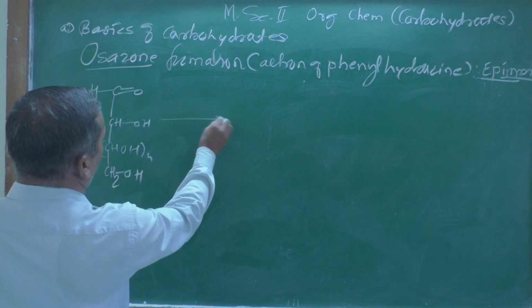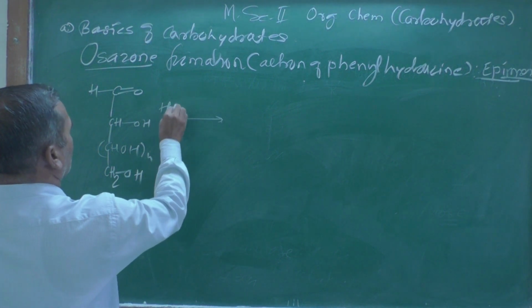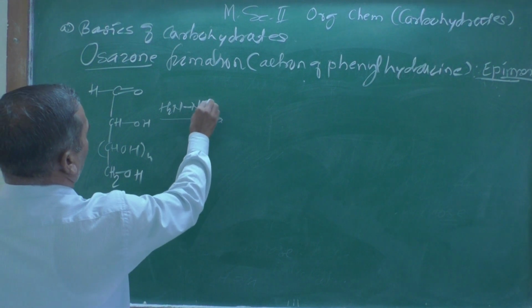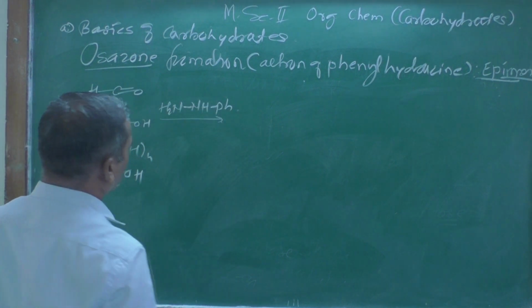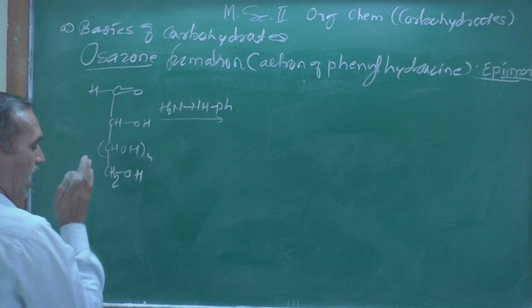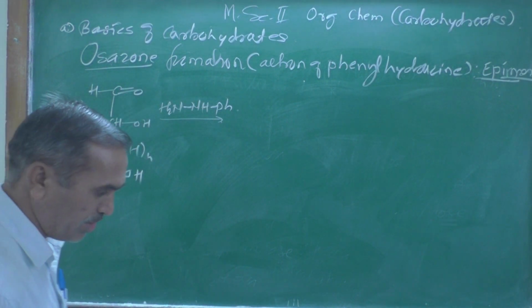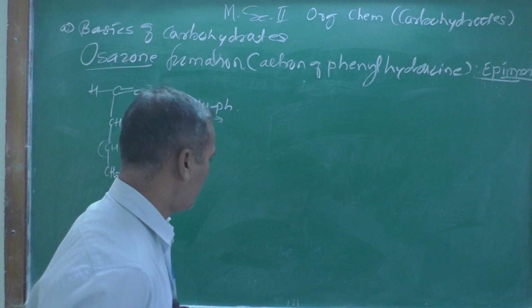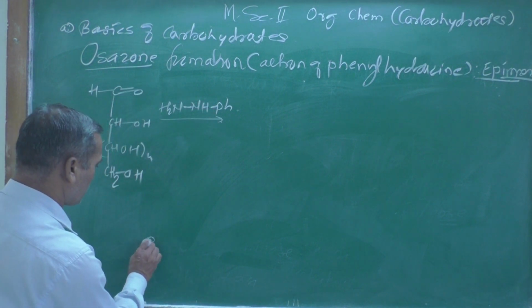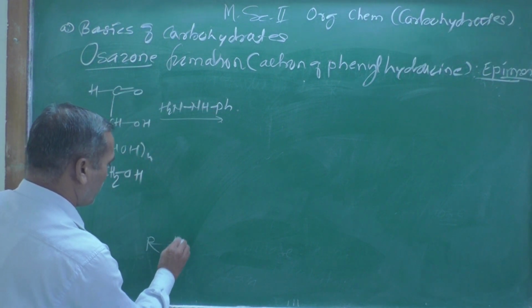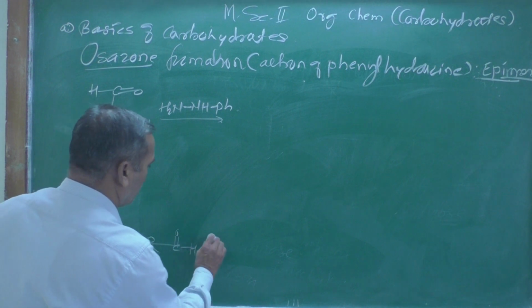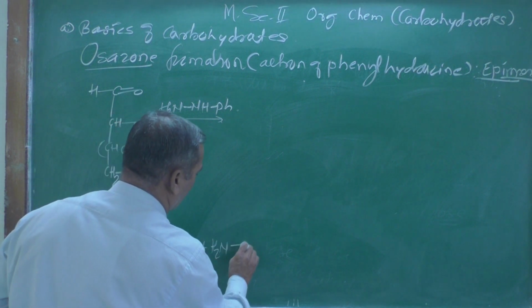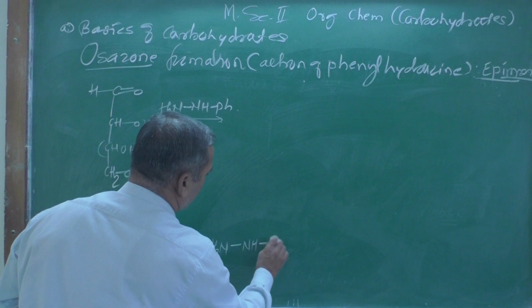When it is treated with phenylhydrazine, H2N NHPh, what is happening here? An addition-elimination reaction takes place. Remember the general reaction of an aldehyde with ammonia derivatives like phenylhydrazine. First there is addition: R, CH, OH, NH, NH, Ph.